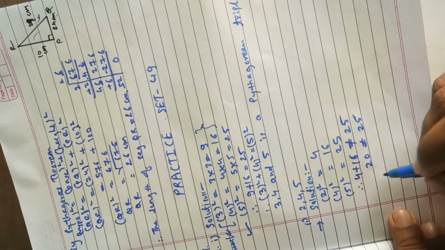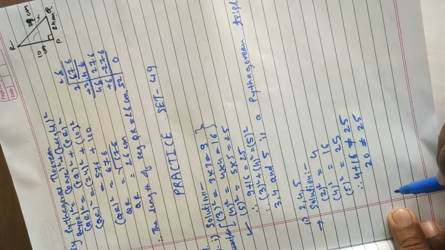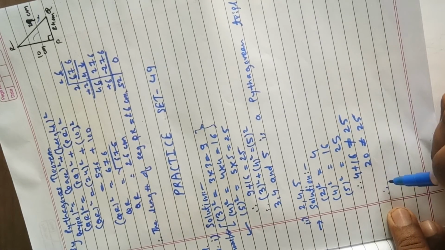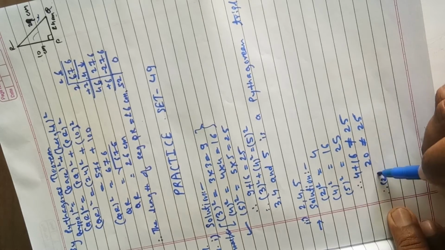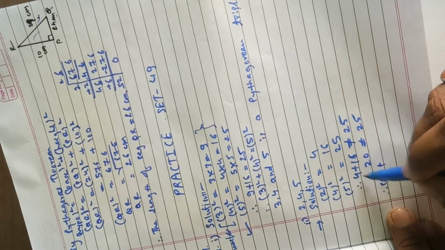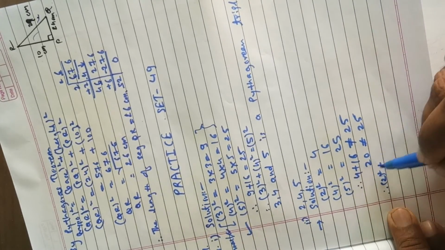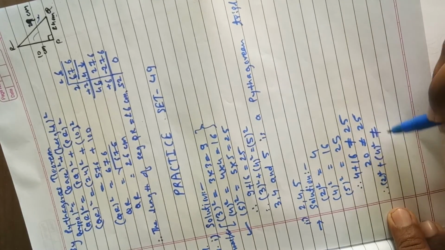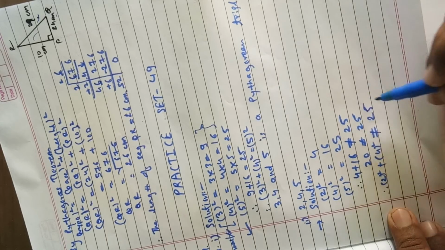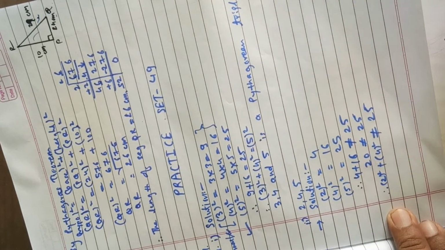That means 2 square, the square root of 4 is 2, the square root of 16 is 4, plus 4 square is not equal to 25.